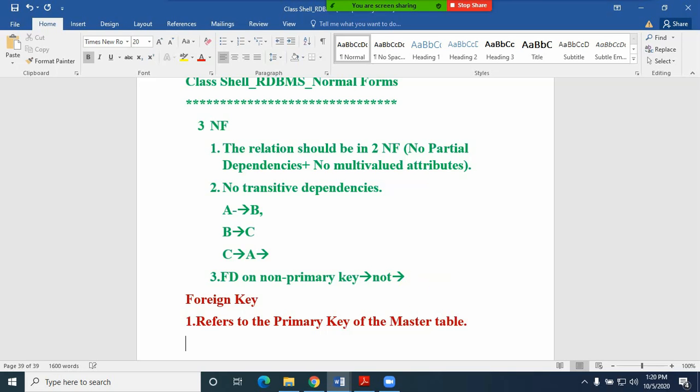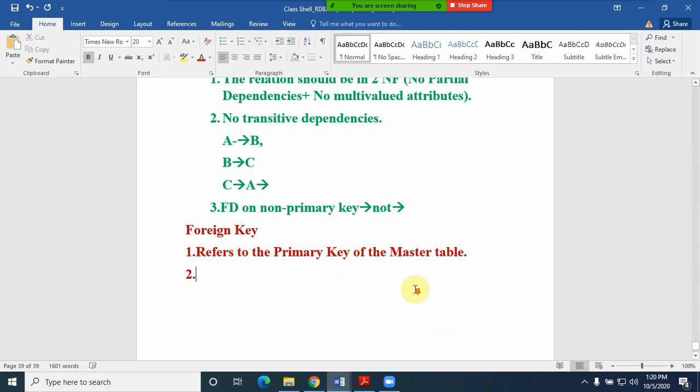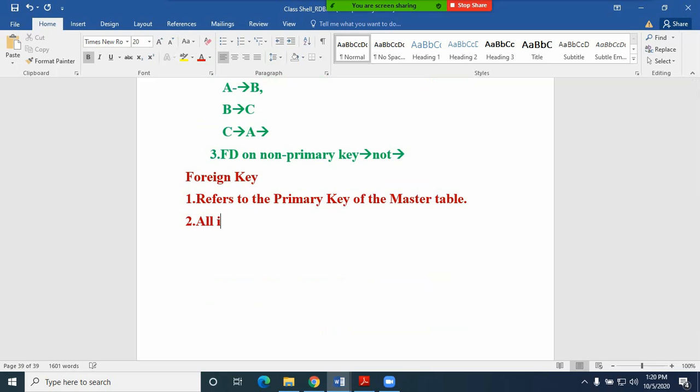That is the first thing. The second important thing is all inserts depend on the primary key of the master table.